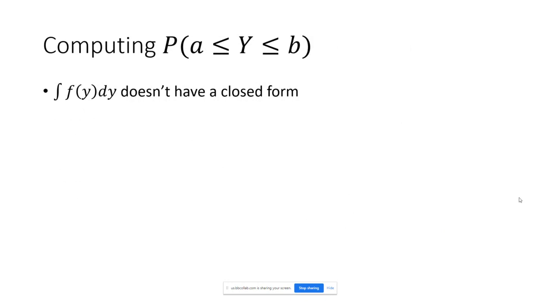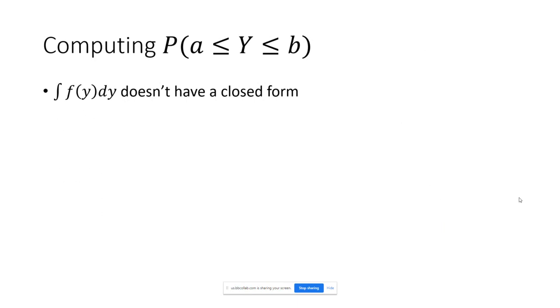All right, so if we want to use a normal distribution to compute the probability that y is between 2 values, say a and b, we can't actually do it by taking the antiderivative and then plugging in the endpoints.